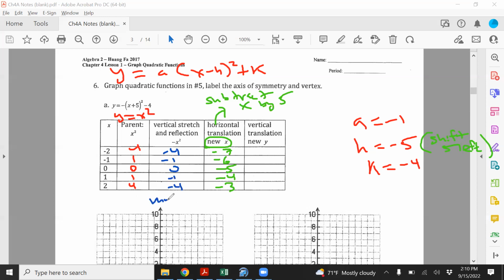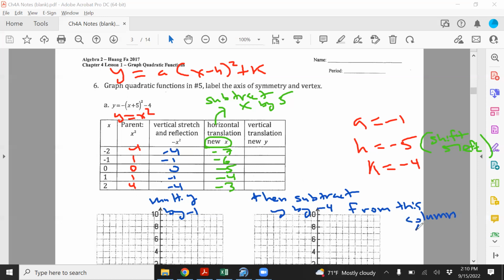So what I'm doing here is I'm multiplying y by -1. Then subtract y by -4 from this column.